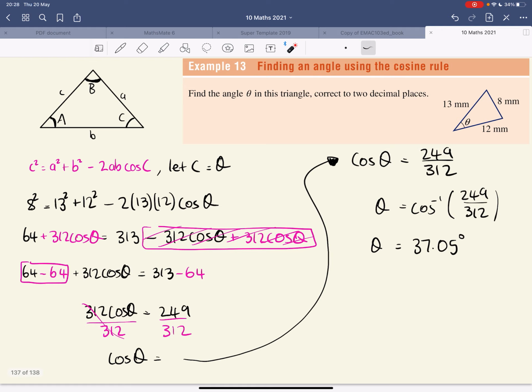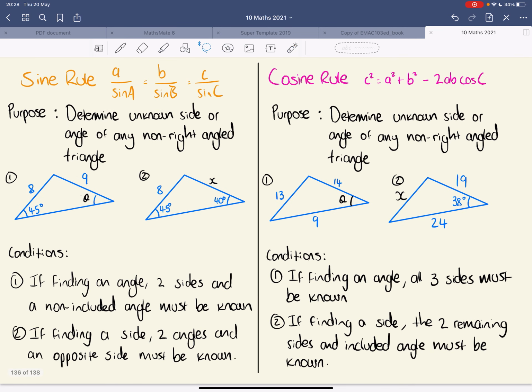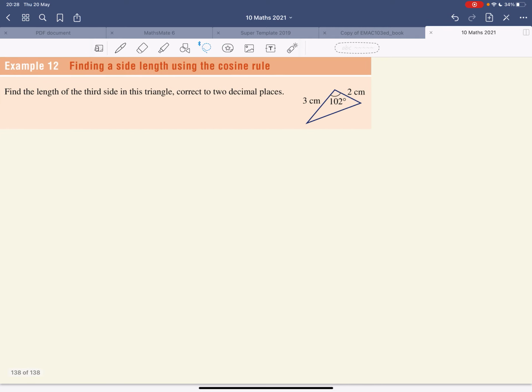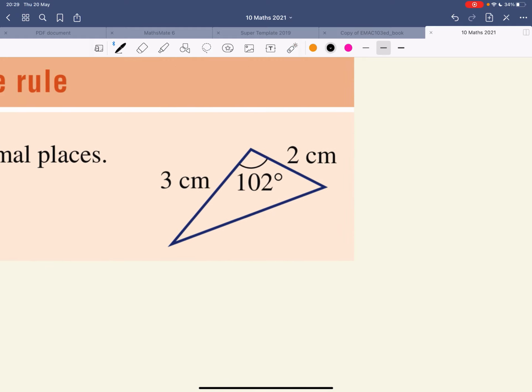So again, here's our cosine rule. We will use that cosine rule to answer our question. And just another little strategy that the textbook's given, which I quite like, so that we don't get confused with what letters are representing which numbers, you can just assign A, B, and C here.